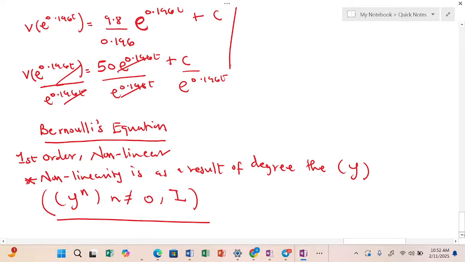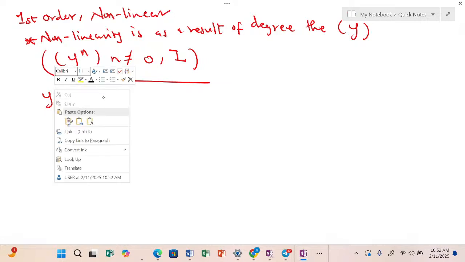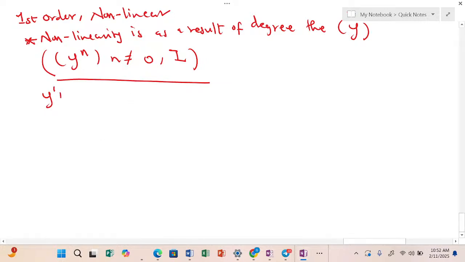The Bernoulli equation is of this form: y prime plus p(t)y is equal to q(t) y to the power n, where n, as stated earlier, is not equal to 0, neither is it equal to 1. So now, how do we go about this?